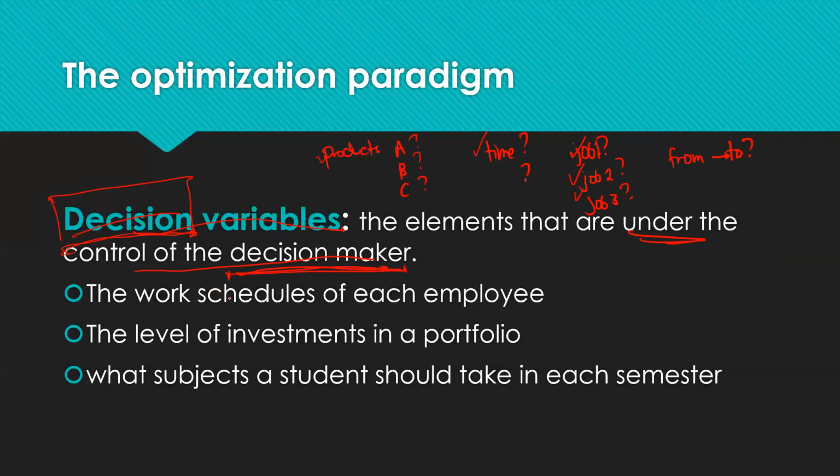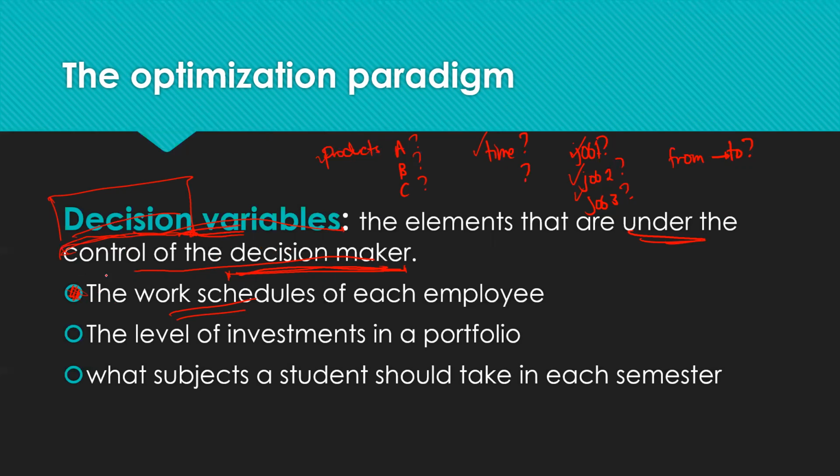So, some examples include work schedules. For example, you're a manager sa McDo, you're trying to look for the best schedule para sa mga empleyado mo, given na konti lang dapat yung crew for that particular day, while for another day, kailangan madami. So, ito yung mga decision variables.